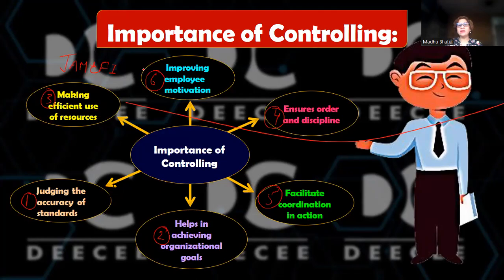It will be evaluated, right? It will be shown. And so it helps in improving the employee motivation. By ensuring that the people are working in the right manner, by telling them that this is how you are supposed to work and ensuring that they're working, it motivates the employees, it keeps the employees on the right track. So Jamify is something that we can use for the importance of controlling.